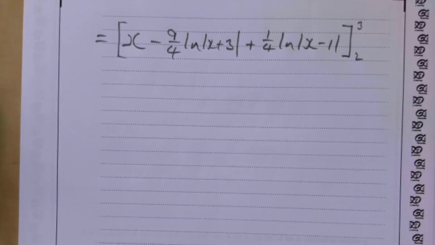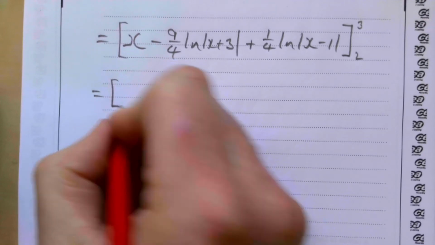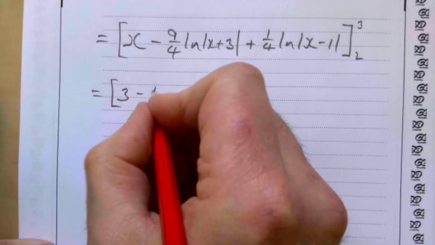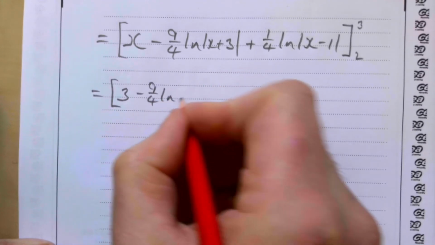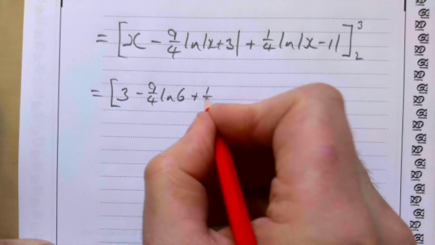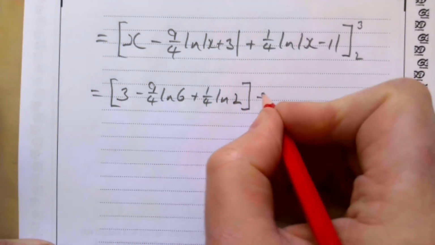So let's see where this takes us. Again, just nice and slowly. So substituting in the number 3, 3 minus 9 over 4 ln 6 plus a quarter ln 2.